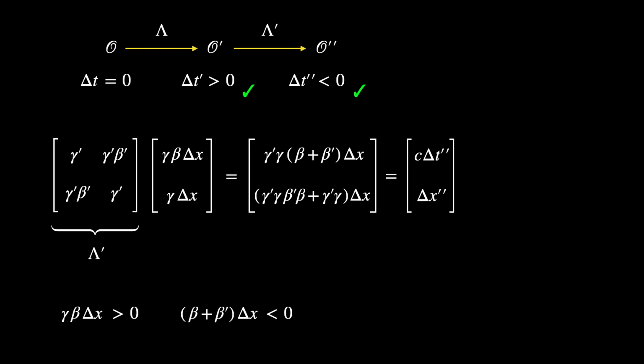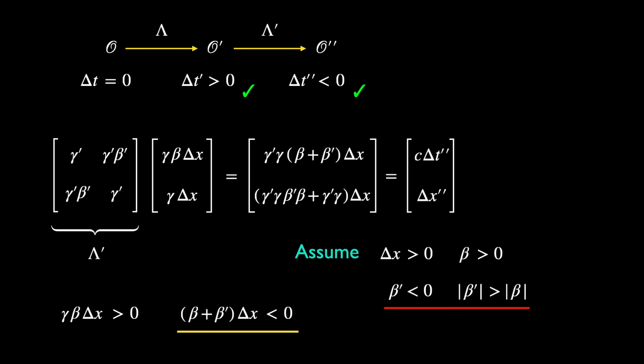To put things more concretely, assume delta x to be greater than 0 and choose beta to be positive. The first condition would be satisfied. Then choose beta prime to be negative with a magnitude greater than beta. The second condition would also be satisfied.